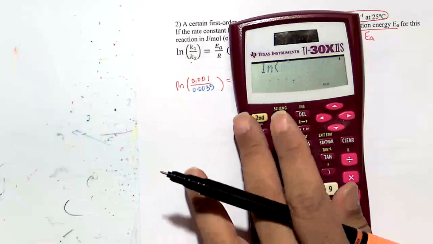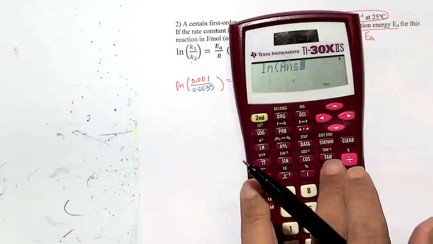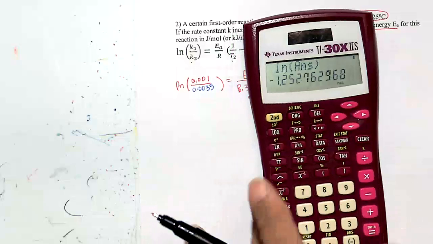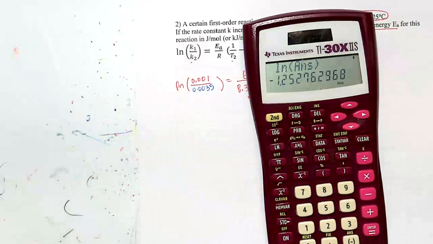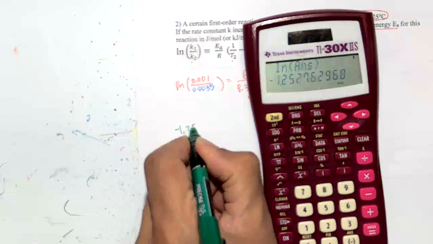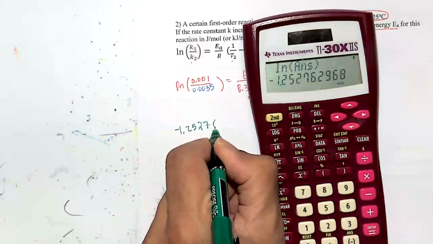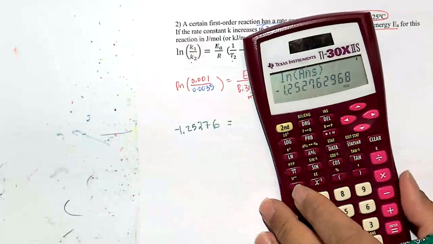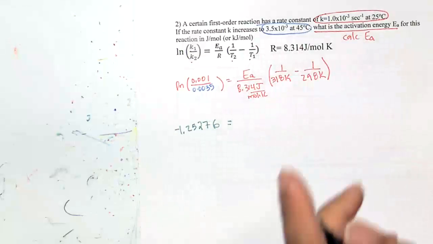Let's take the natural log of it. It's going to be minus 1.25276, something like that. I'm putting in some extra digits.